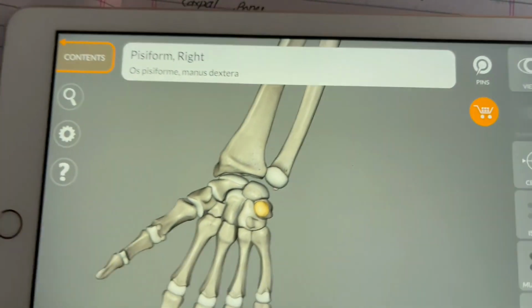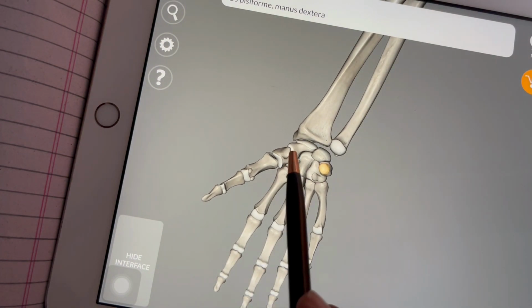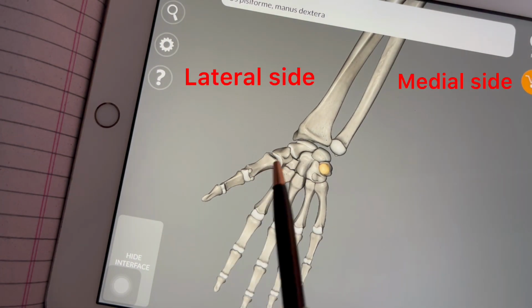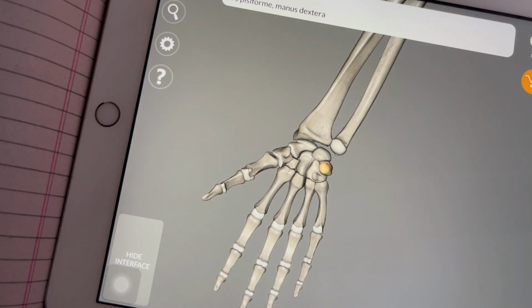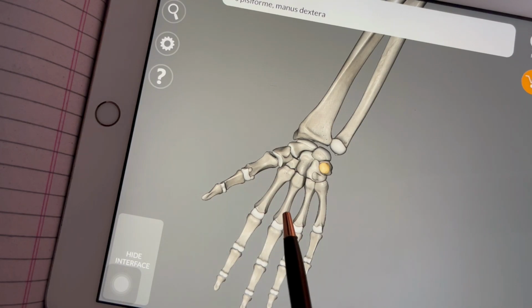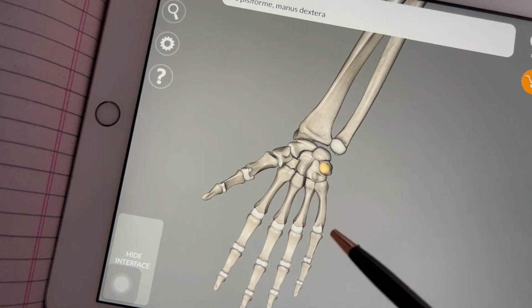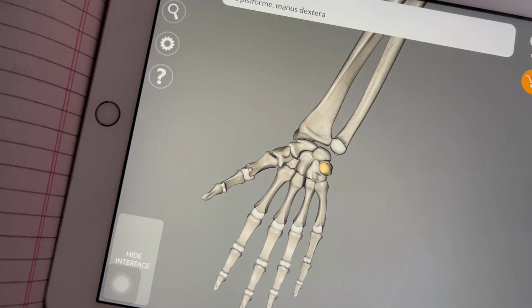Now we will see in the skeleton diagram. Here you can see this is the most lateral part of the hand. So this bone here will be the first metacarpal bone, this will be the second metacarpal bone, this will be the third, this the fourth, and the most medial will be the fifth metacarpal bone.